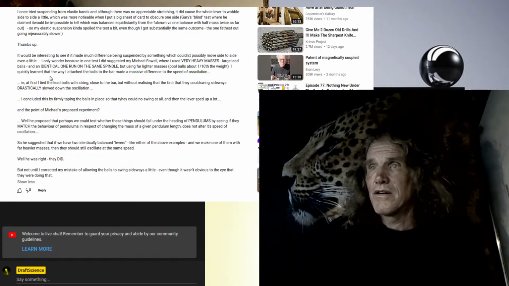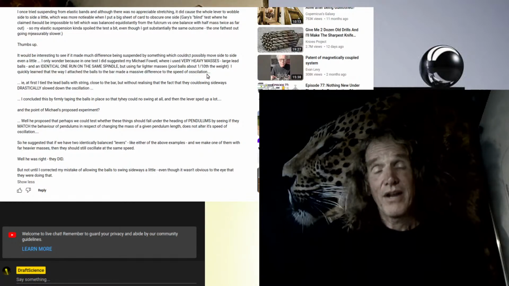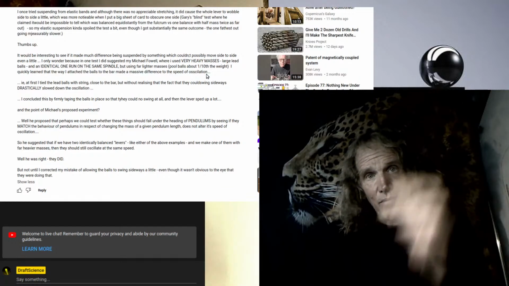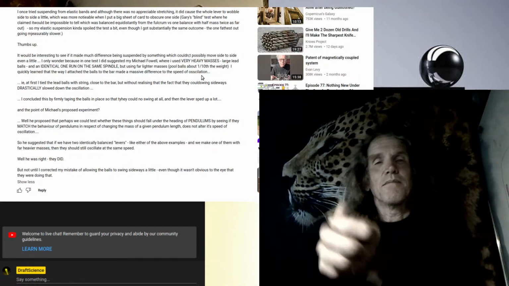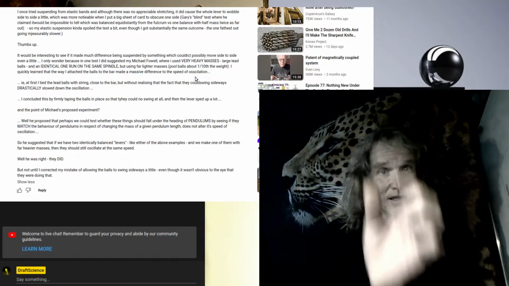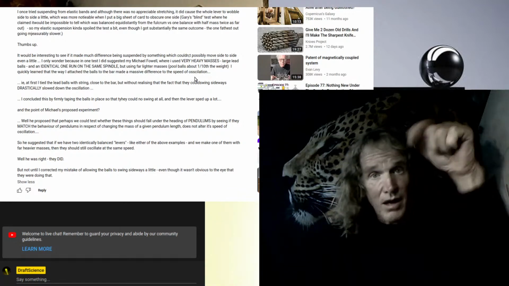"I quickly learned that the way I attached the balls to the bar made a massive difference to the speed of oscillation." Well, there you go. So he learned something, that dangling a weight where the weight doesn't move with the bar, it just sits in gravity and produces a pressure on the lever.